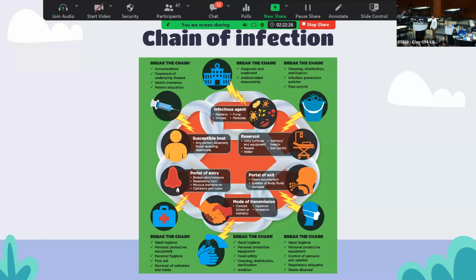So the chain of infection is important to understand because we need to break the chain. The chain is all the links that a pathogen needs to propagate and spread disease. And so knowing these, we can break the chain at any of these locations to stop the spread of the disease. So you can have a look at that in your own time. Pretty self-explanatory though.